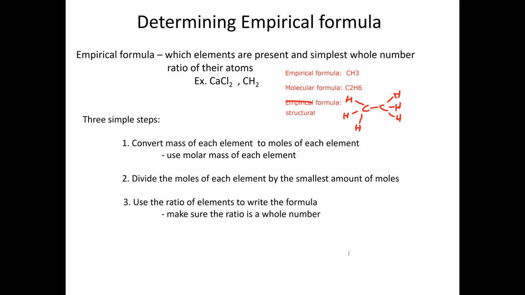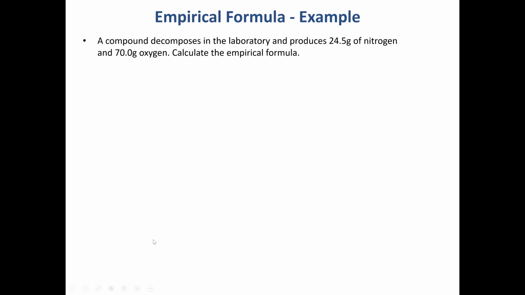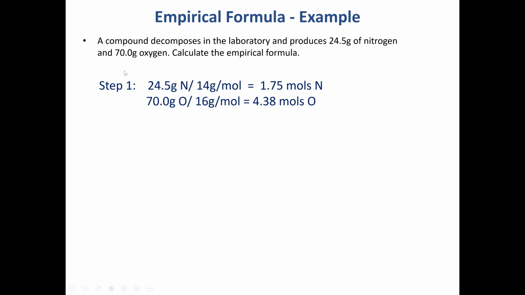So let's look at a quick example of this to refresh your mind on empirical formula. Here we have a compound that decomposes in a laboratory. We produce 24.5 grams of nitrogen, 70 grams of oxygen. Calculate the empirical formula. Right off the bat, we already have the mass of each element, so we can calculate the moles of each element.